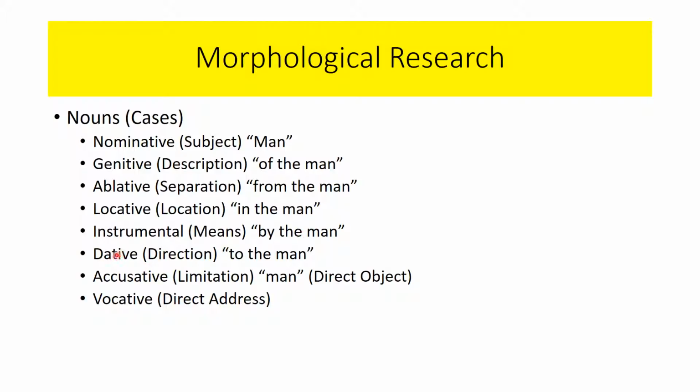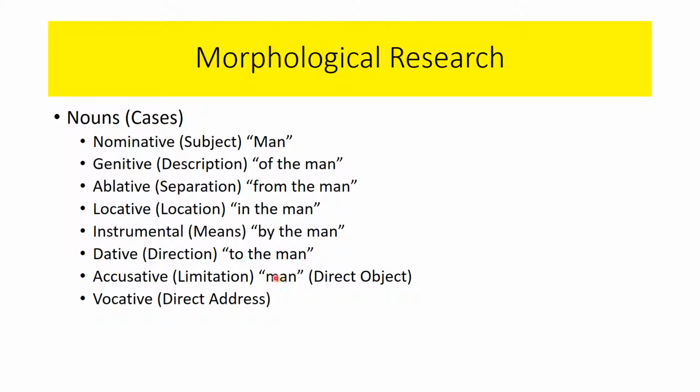The dative case is the case of description. The case of direction to the man. He went to the man for a lesson. So that's the direction he went, and so that's the dative case, and in English we go to the man.